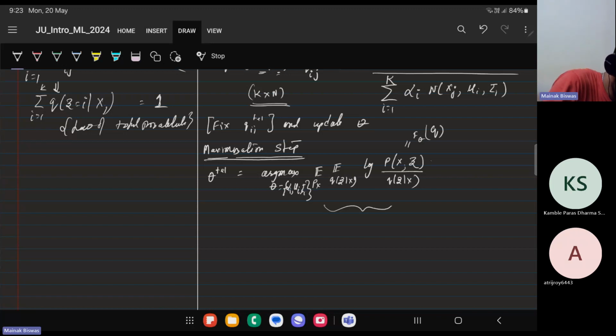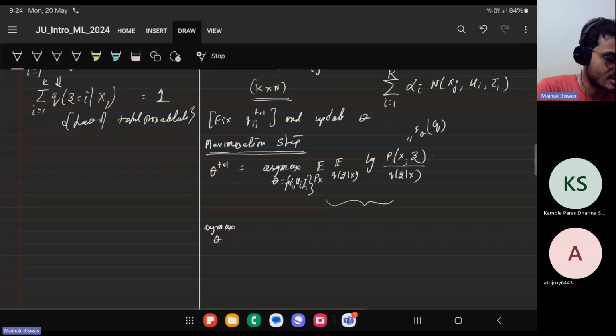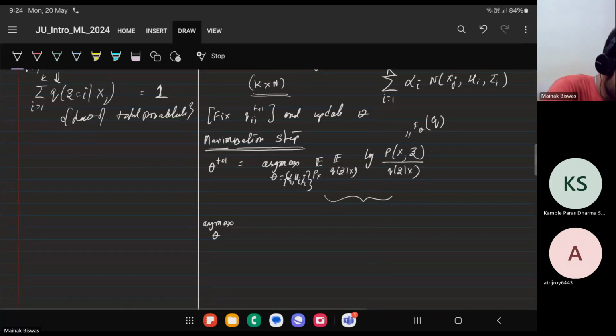Just write theta for the time being. Okay. So argmax over theta. What can I write? Summation over i equal to 1 to n data points for the outer expectation. And for the inner expectation, what can I write? Help me.